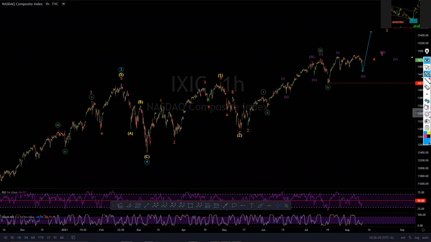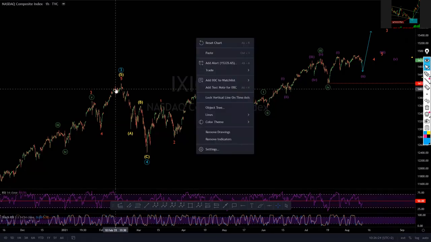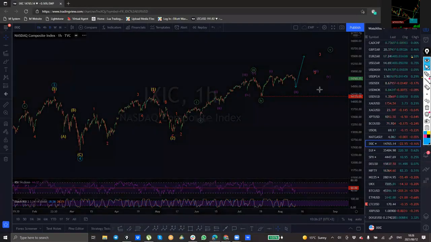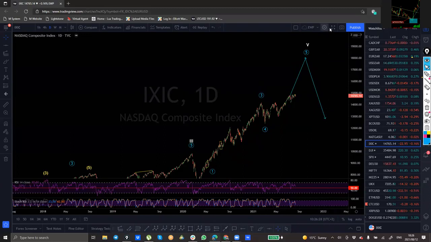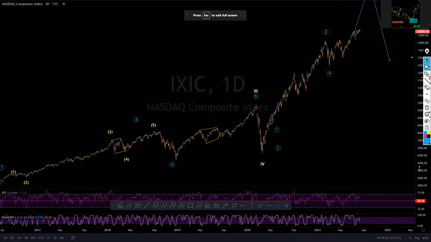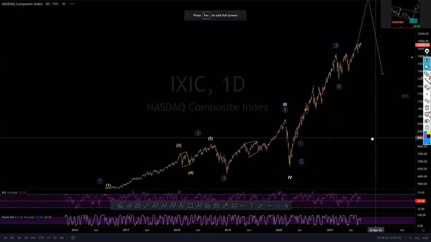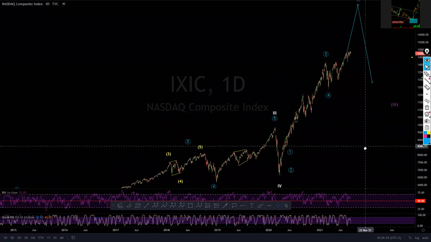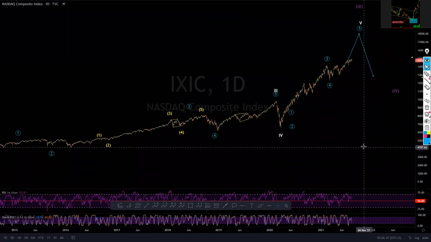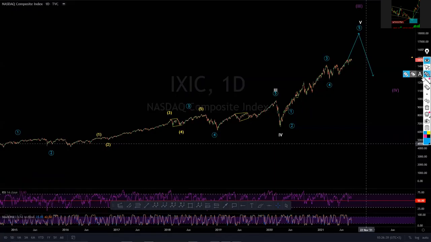From the lows, let's look at the daily time frame. We've been making higher highs and higher lows ever since. Even if you go to the weekly, you'll find the same picture. So the indices are confirming a sequence to the upside, having recently broken above the previous peak there, making all-time highs. We are expecting it to continue higher.